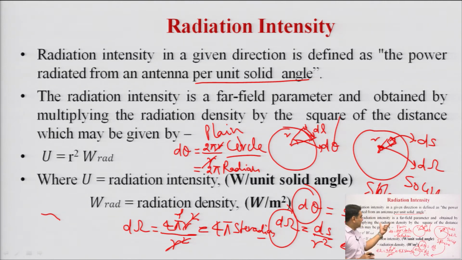So, radiation intensity is a far field parameter and obtained by multiplying the radiation density by the square of the distance, which may be given by U is equal to r square W rad, where U is the radiation intensity which is defined as watts per steradian, and the W rad is defined as the radiation density, or it can also be named as Poynting vector, that is watts per meter square.